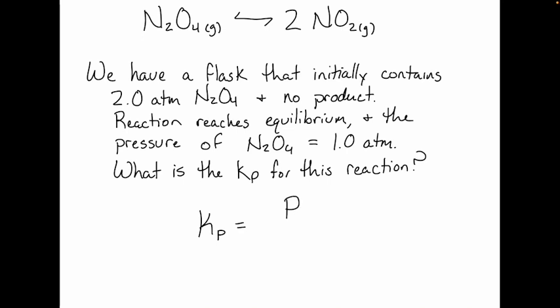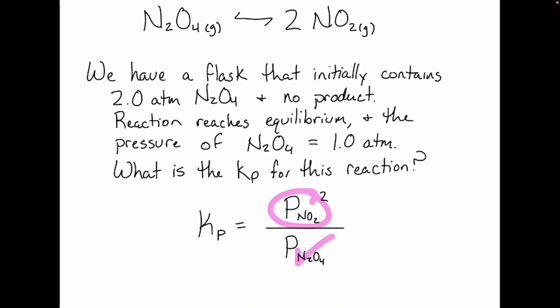The pressure of the NO2 squared over the pressure of the N2O4. So if I had my equilibrium pressures here, I could just plug them in and get my equilibrium constant. All right, I've got one of them. Check, check. I have the equilibrium pressure of my reactant, but I'm missing this variable here. We've got to figure out what the pressure of that nitrogen dioxide is at equilibrium.